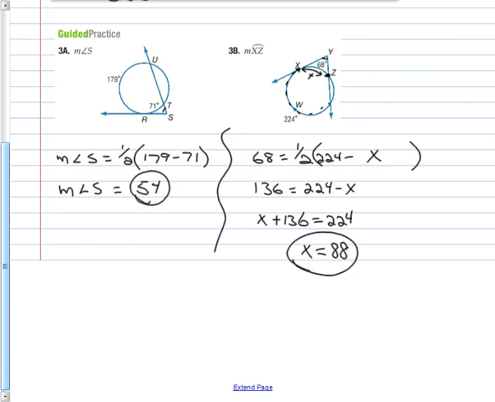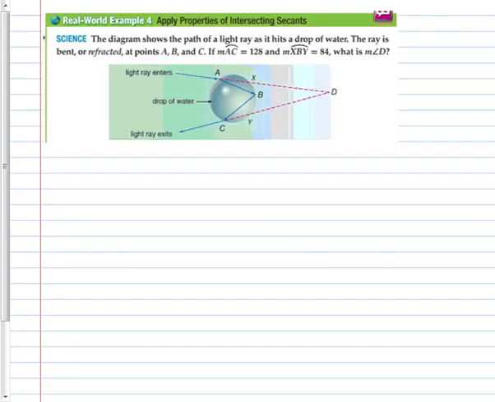So today's work really comes down to those little formulas that we had. Those are the three properties that we start with. The diagram shows the path of a light ray as it hits a drop of water. Light enters this drop of water from the left. It refracts, it bends.